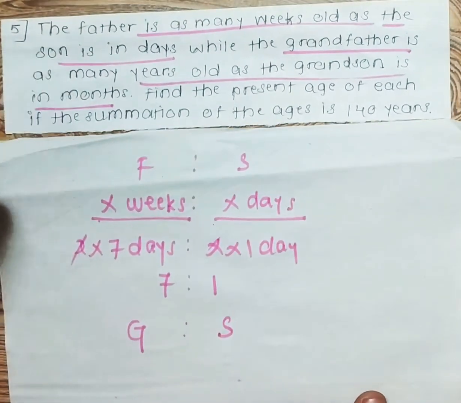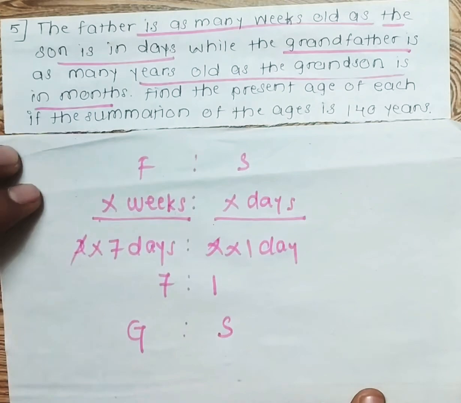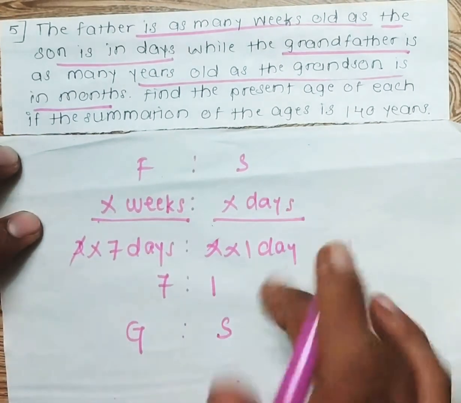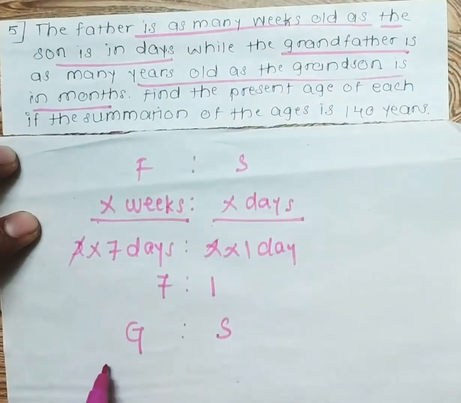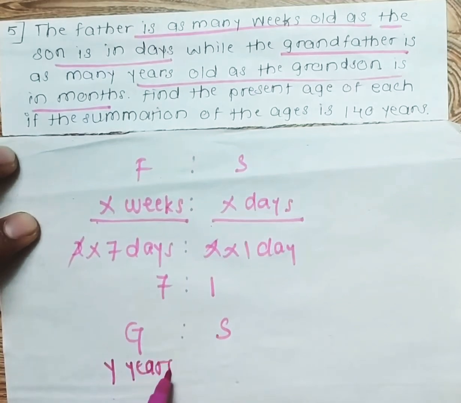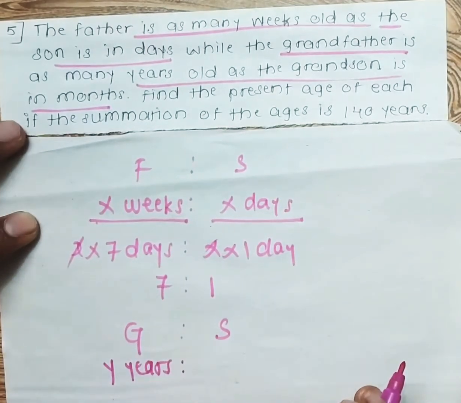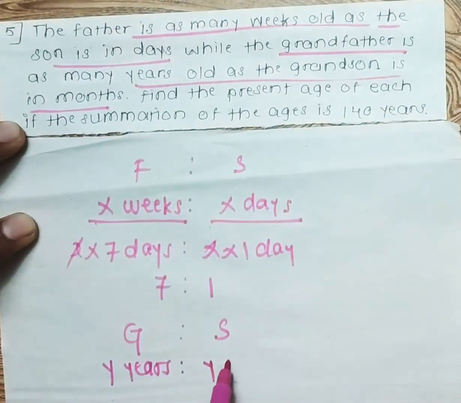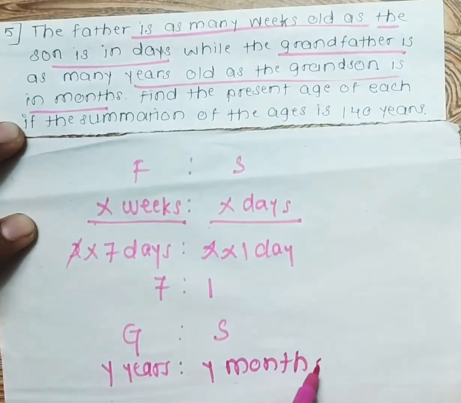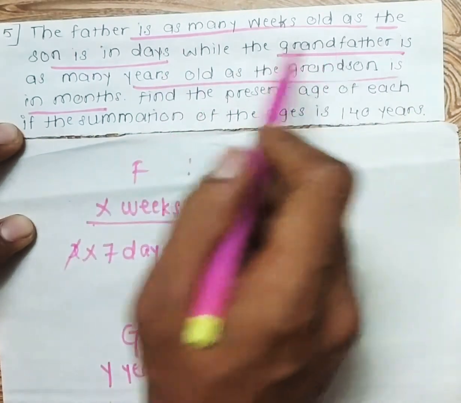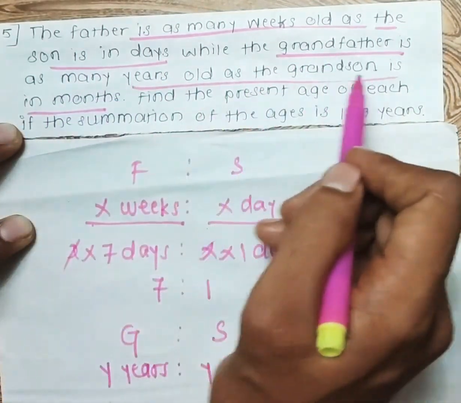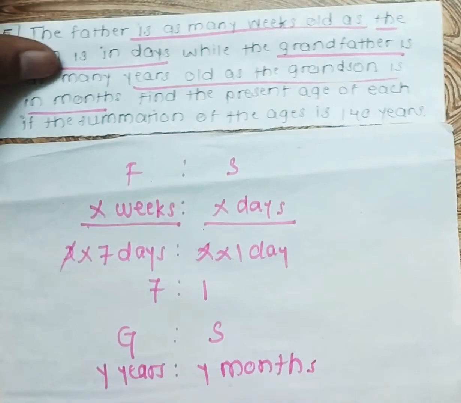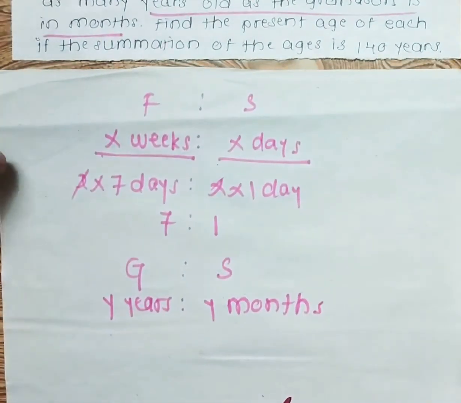But for this, we just have to consider that if the grandfather is y years old, then the grandson should be y months, because the statement is the grandfather is as many years old as the grandson is in months. So if the grandfather is y years, the grandson should be y months.